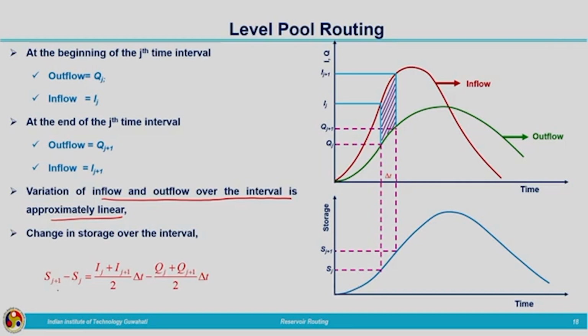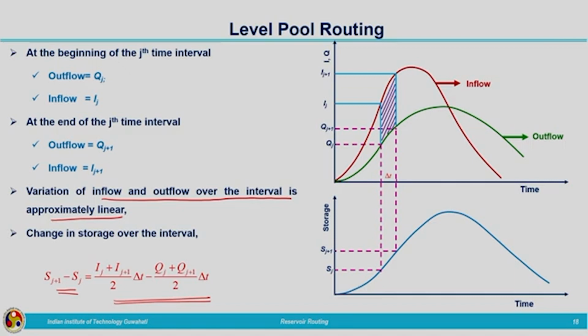Sj plus 1 minus Sj is equal to (Ij plus 1 by 2) delta t minus (Qj plus 1 by 2) delta t. So, for making the calculation simpler, we have averaged out the expression.